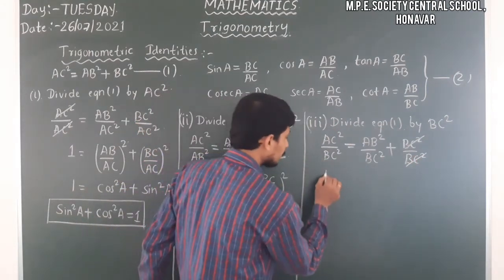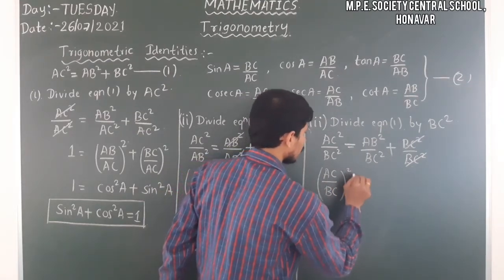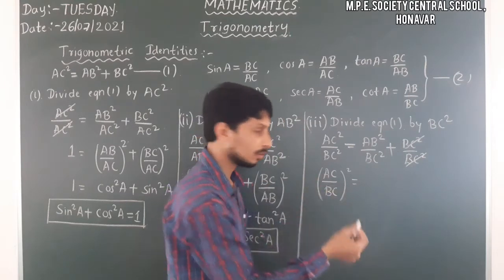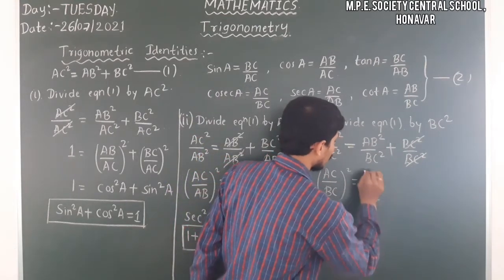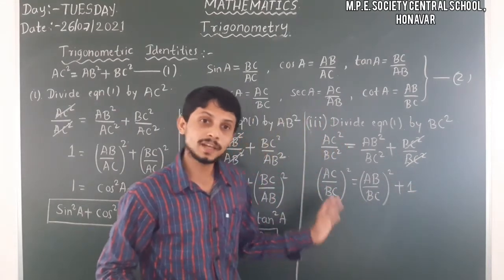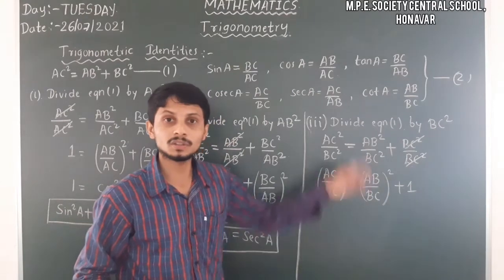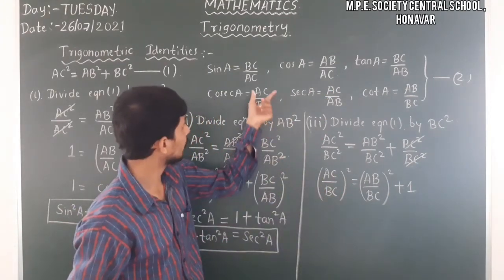Then AC by BC whole square is equal to AB by BC whole square plus 1. At the end we have to search for the trigonometric ratios.